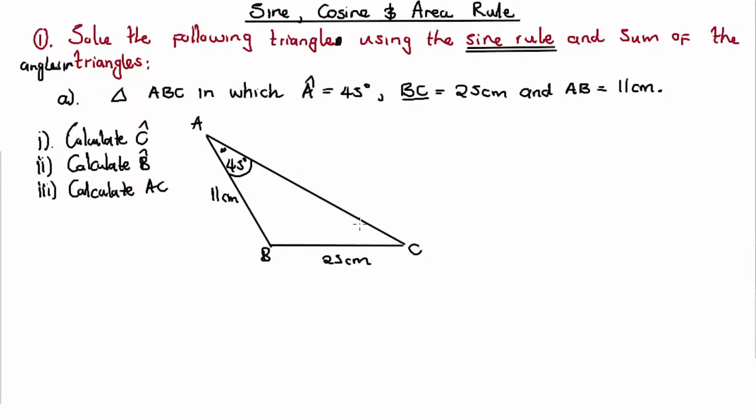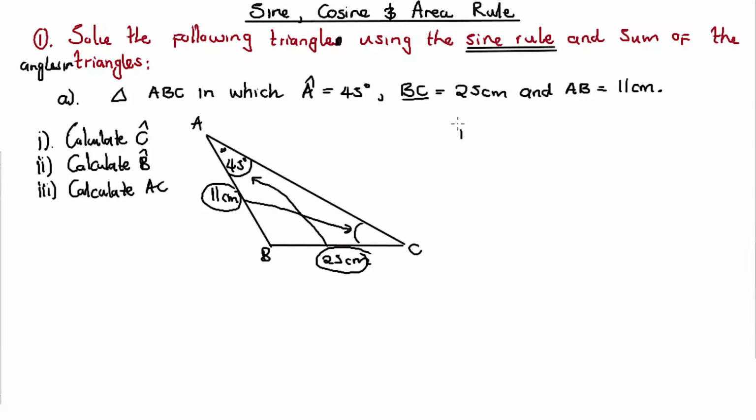So I want to calculate angle C first, right? I'm going to take the 11 and divide it by the sine of this unknown angle, and take the 25 and divide it by the sine of this 45. So you need only two ratios, two fractions, and equate them. Just make sure that there's only one unknown.